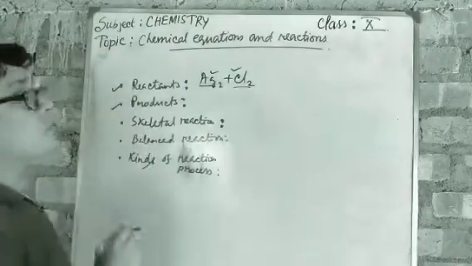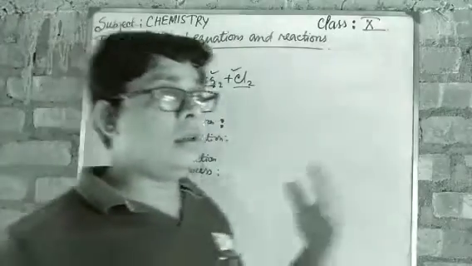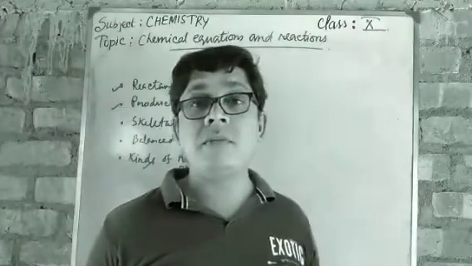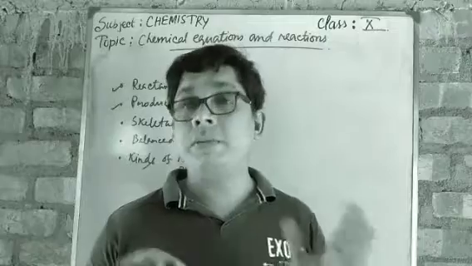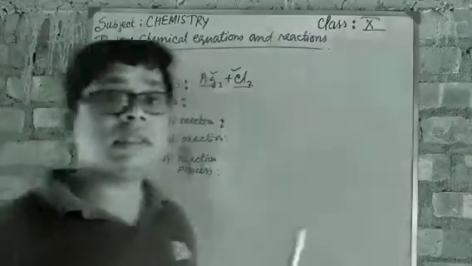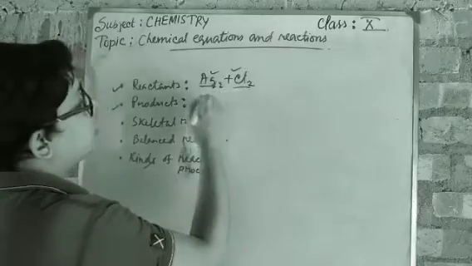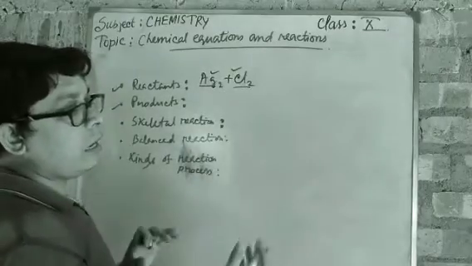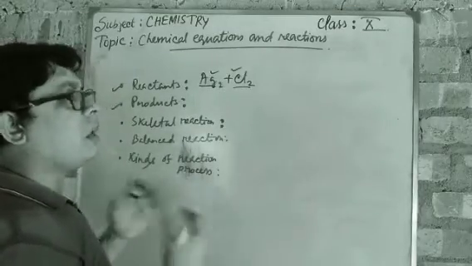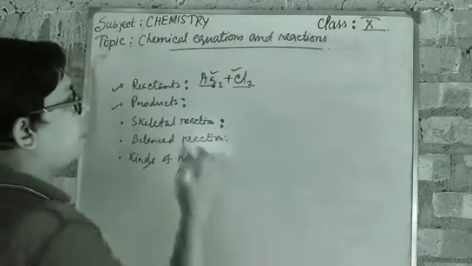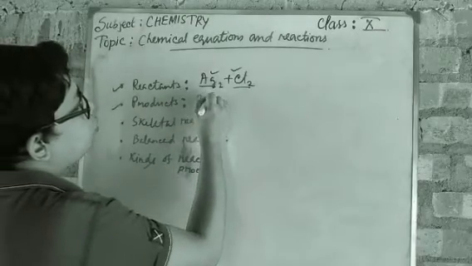Now come to products. We know that when a factory manufactures anything, that is called a product of that factory. In the same way, when these two chemicals join together with the help of heat or any other medium, they make a product like 2AgCl.